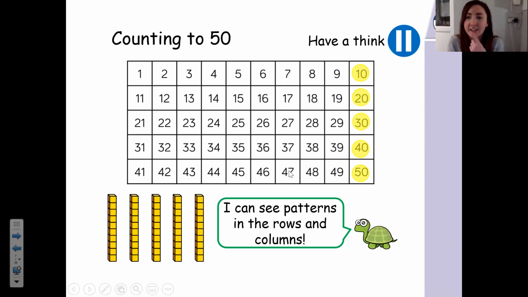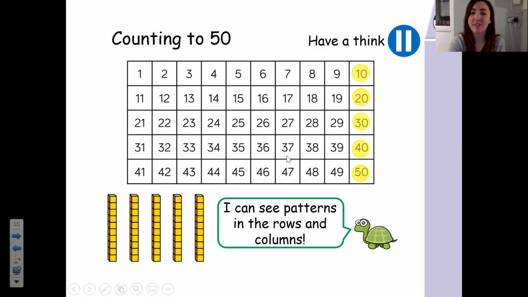What about the tens? What happens with the tens in each column as we look down? If you haven't already worked this one out, then pause now to have a think about this one. Okay, and so if we look at the tens, how many tens are in 7? 0 tens, that's right. How many tens are in 17? 1 ten. How many tens are in 27? 2 tens.